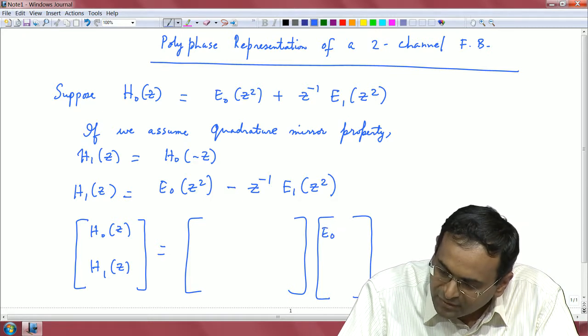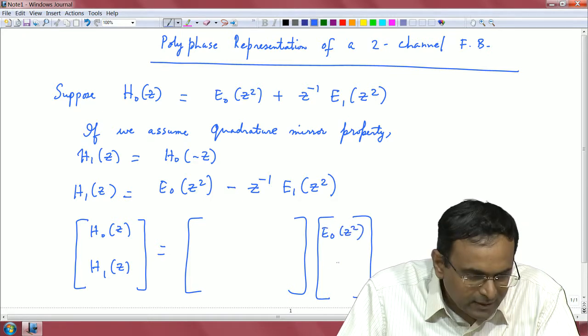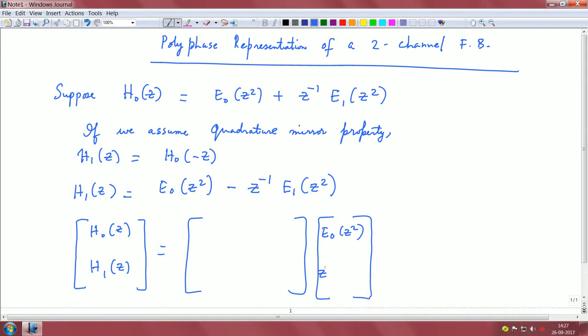So, I have E naught of z square, then I have z power minus 1, which is a delay, E1 of z square. So, I have 1, 1, 1, minus 1. So, this is the polyphase representation for the analysis bank. So, this is the analysis bank representation.